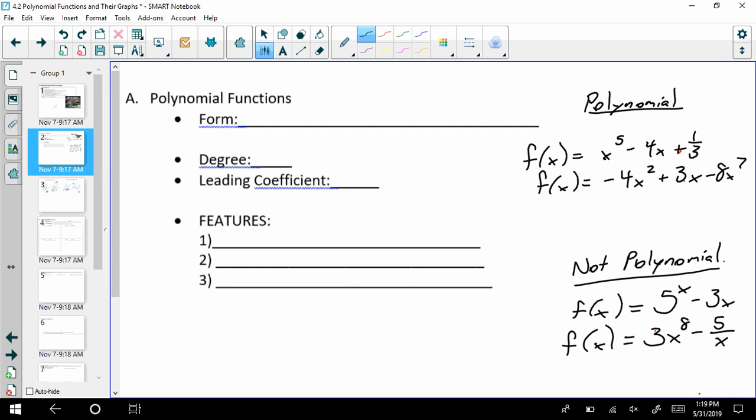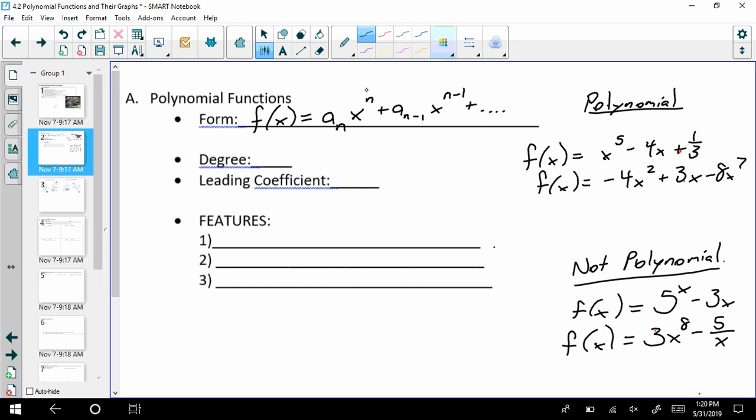So how do we put this into math terms? Something that is a polynomial can be written in this form. F of x equals a sub n times x to the n plus a sub n minus 1 times x to the n minus 1 plus, I could keep going.